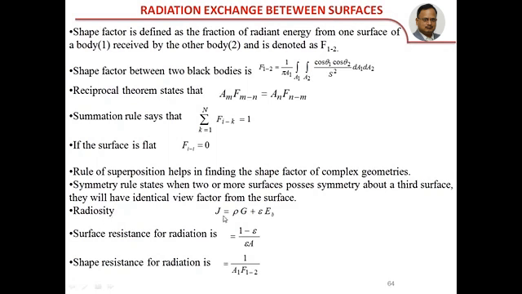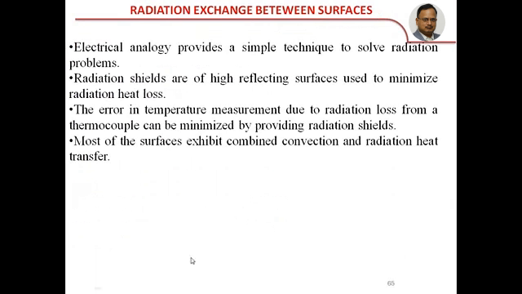The radiosity is defined as the sum of the reflected portion of energy from a surface plus its emissive power. Surface resistance for it is (1 minus epsilon) by (epsilon into A). Shape resistance is 1 by (A1 F12). Electrical analogy provides a simple technique to solve radiation problems using surface resistance and shape resistance.